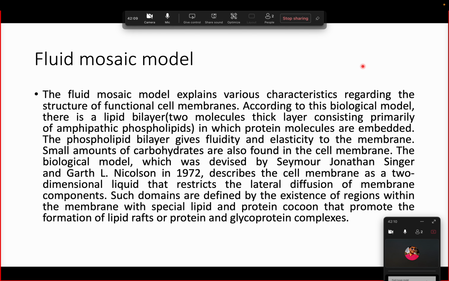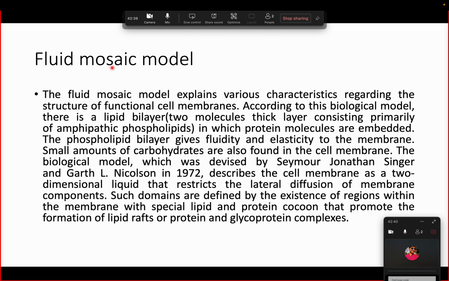But before that, you must have one question in mind, right? Though we are saying that the fluid mosaic model is the most widely accepted model for describing a cell membrane, how have we come to this conclusion that a biological membrane is fluidic in nature, the first part of the model, and that there is a mosaic distribution of components?